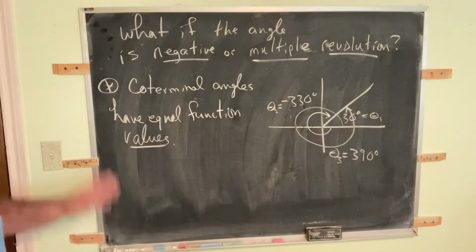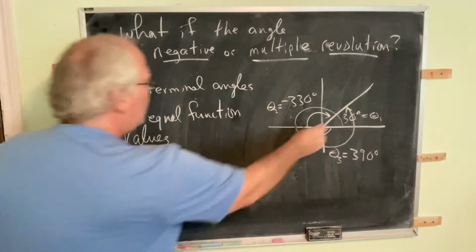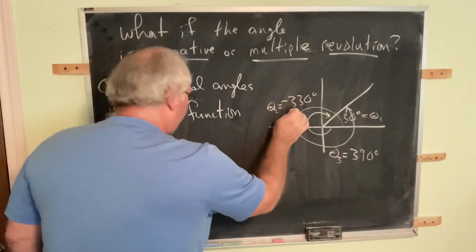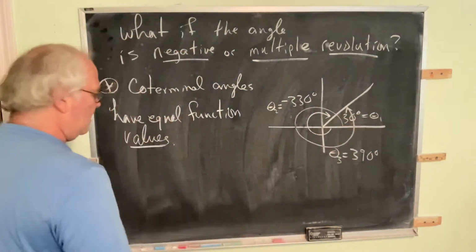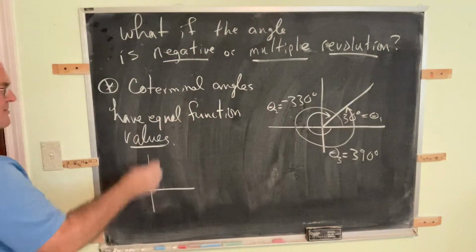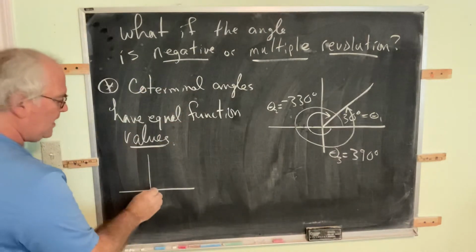Now, there's nothing magic about 30 or 390 or negative 330. This can be any angle. Here's why this is true. You don't need to write this. I'm just illustrating why this statement is true.